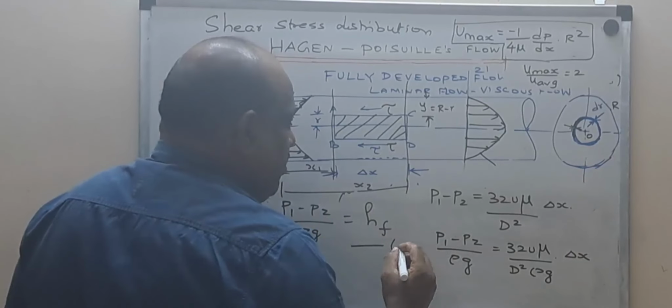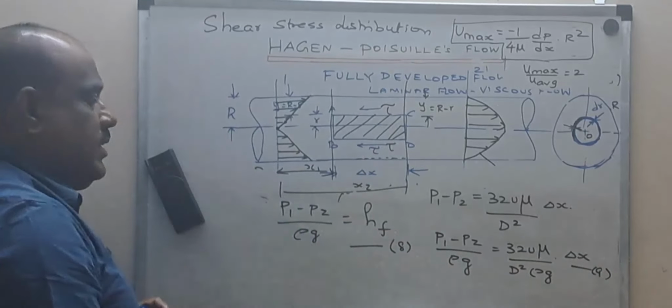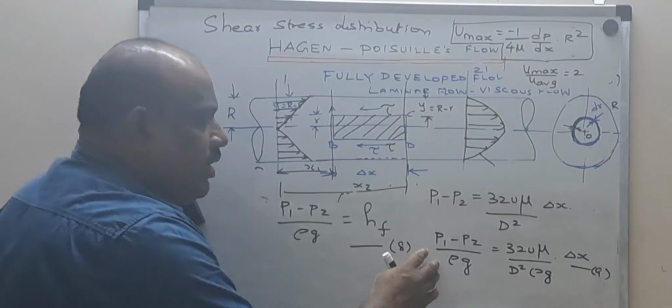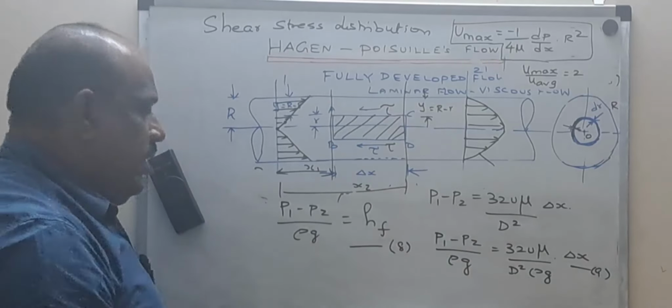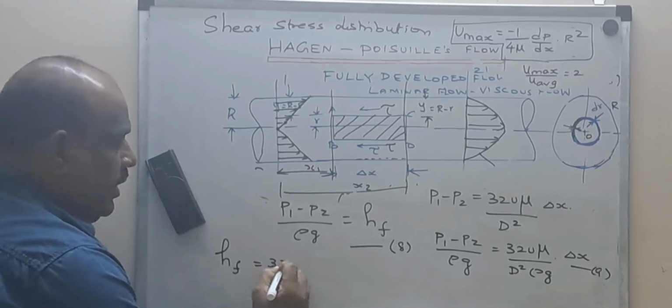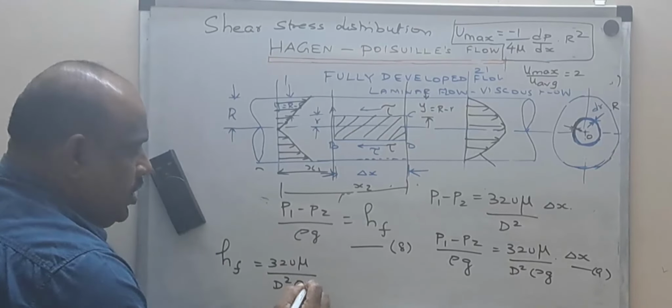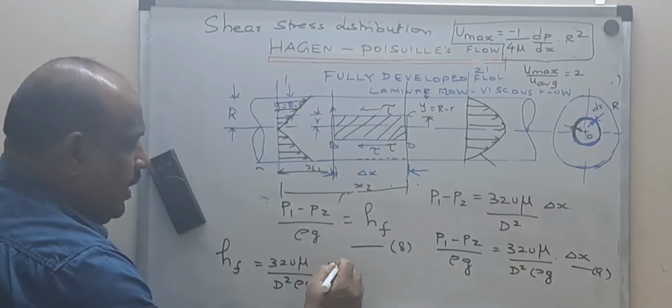Let us keep some equation numbers. Let us say it's 8, and let us say it's 9. Since the left hand sides are equal, the right hand sides should also be equal, which means HF will be equal to 32 u mu by d squared rho g into delta x.